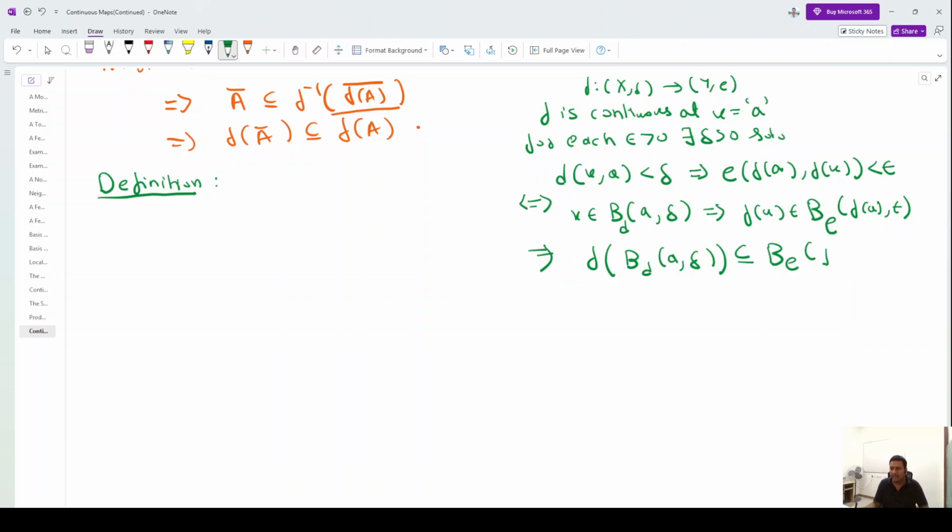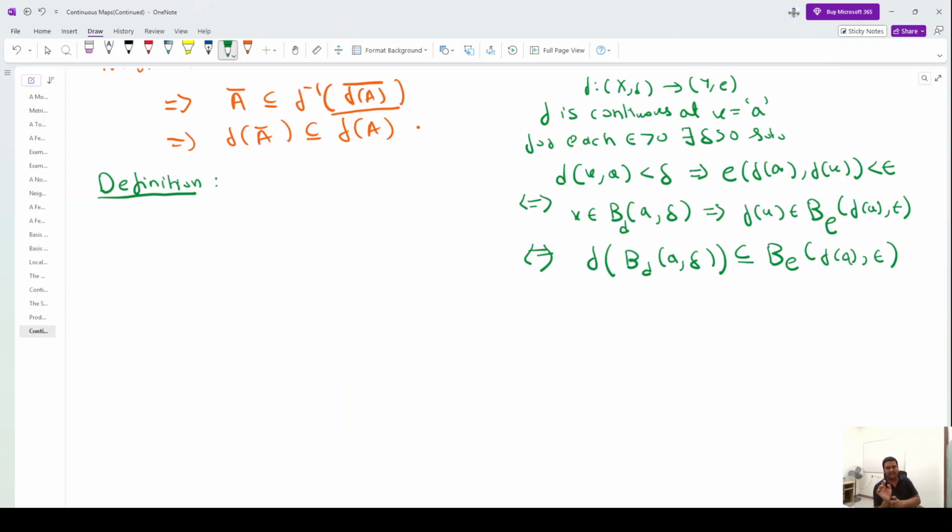B(f(a), epsilon), right? And vice versa is also true. So this is the condition.